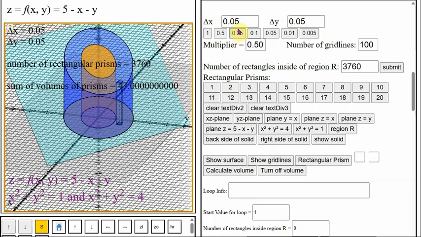If the length and the width of each rectangle is 0.05, then there'll be about 3,760 rectangles inside of region R. And the sum of the volumes of the prisms is 47. And now let's go even smaller.